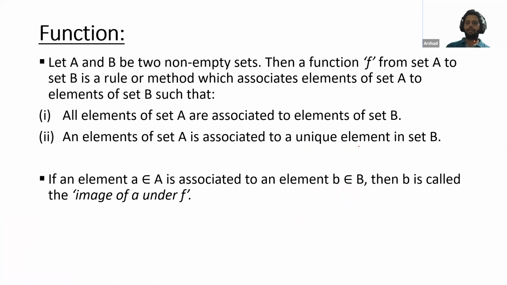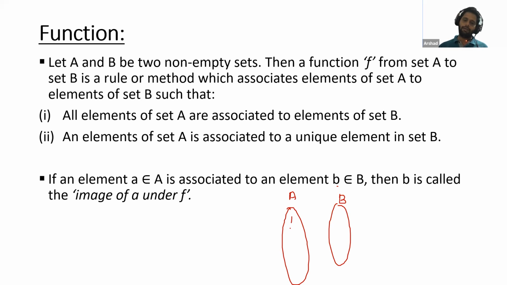If an element a belongs to A is associated to element b belongs to B, then b is called the image of a under F. Okay, so what does this mean? Suppose we have a set A, we have a set B. Okay, and we will write here 1, 2, 3. Here we will write 4, 5, 6. 1 is related with 4, 2 with 5, 3 with 6.